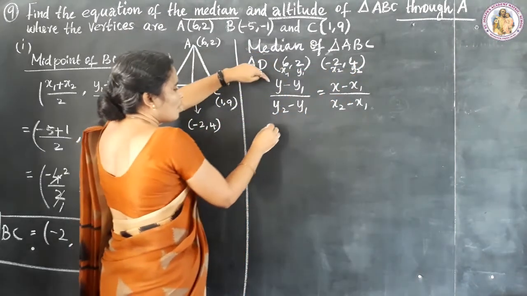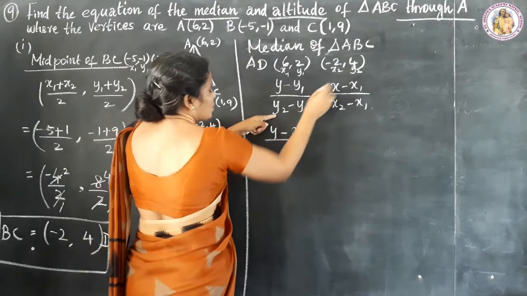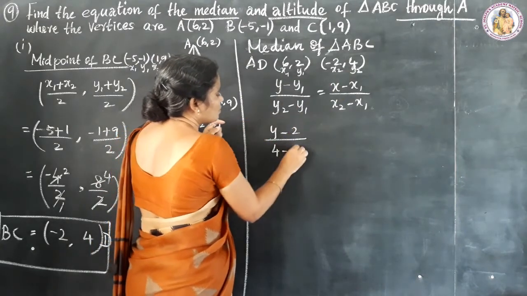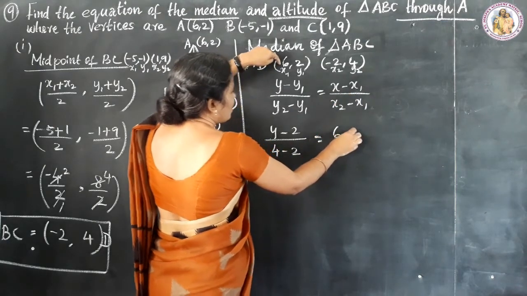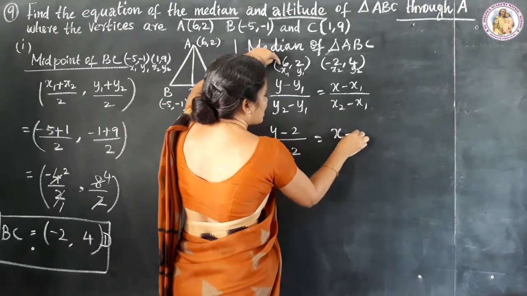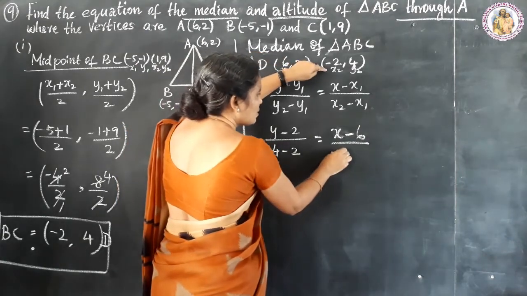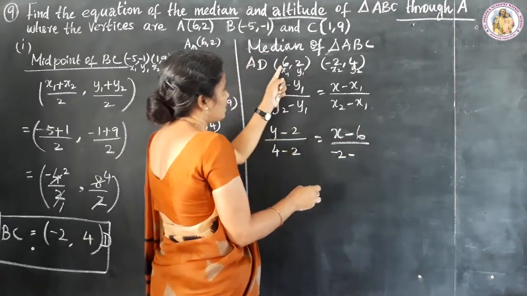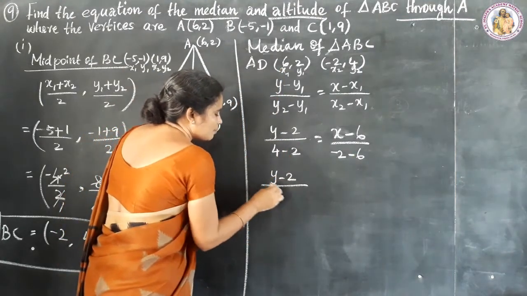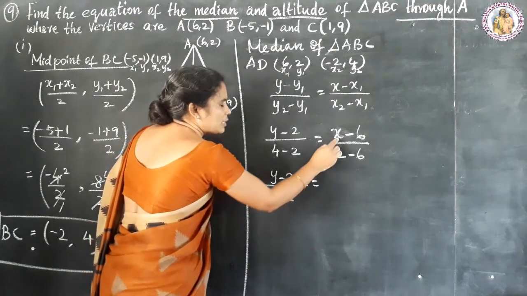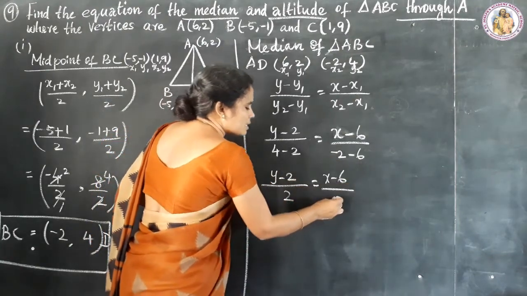Substitute the values: y minus 2 divided by 4 minus 2 is equal to x minus 6 divided by minus 2 minus 6, which is minus 8.